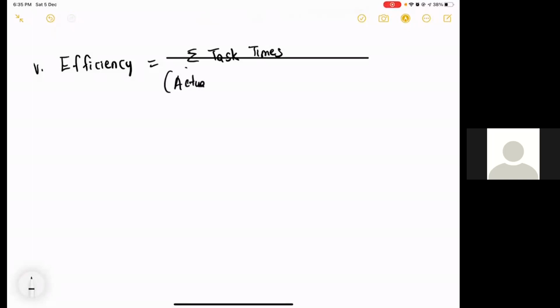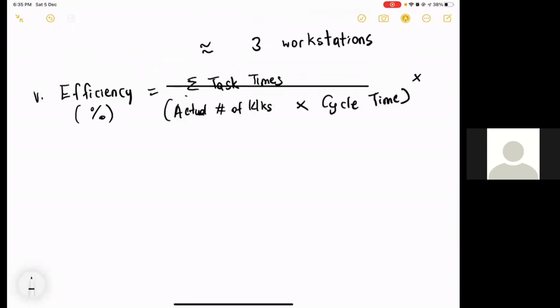the actual number of workstations times the cycle time. Efficiency is also, as you guys would have figured, a percentage.